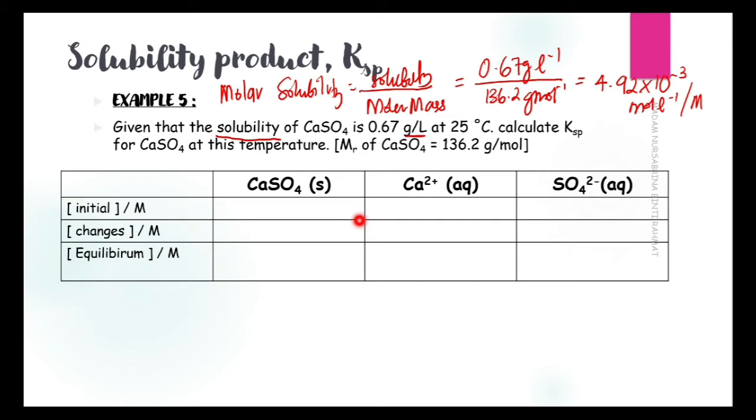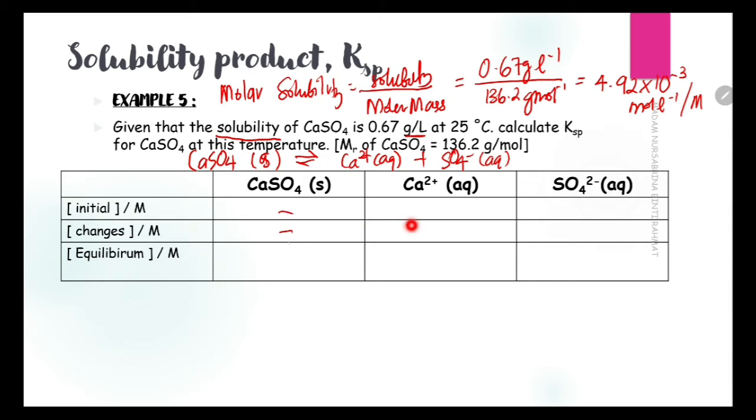But before we proceed, again I emphasize, please write down the dissolving equation so that you know how many moles of ion are actually present, according to the stoichiometric coefficient, so you won't make any mistakes in your Ksp expression calculation.